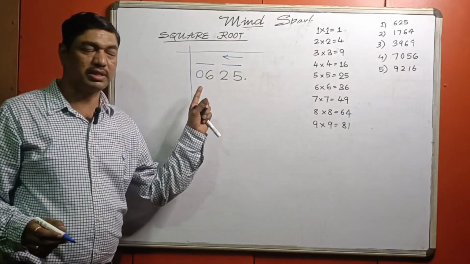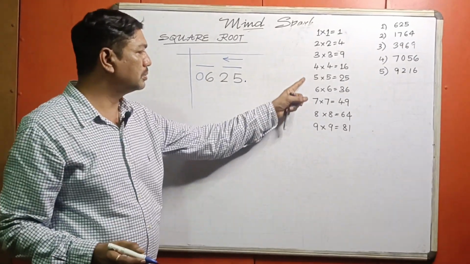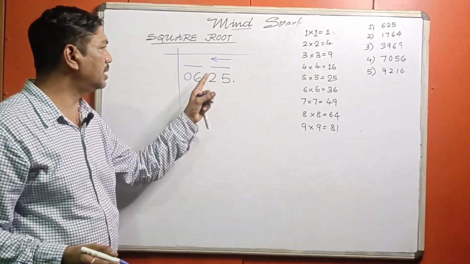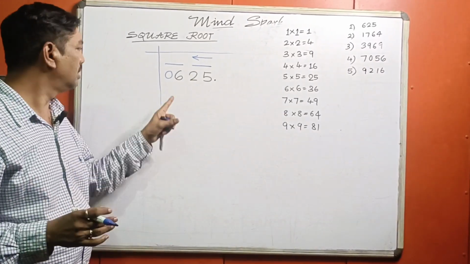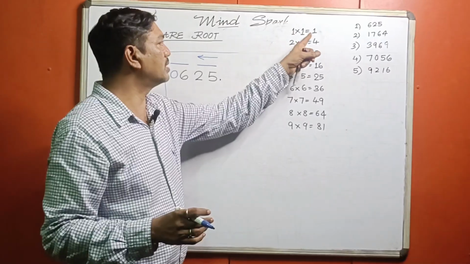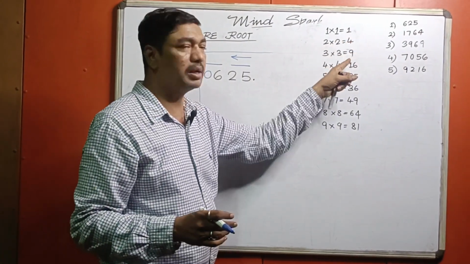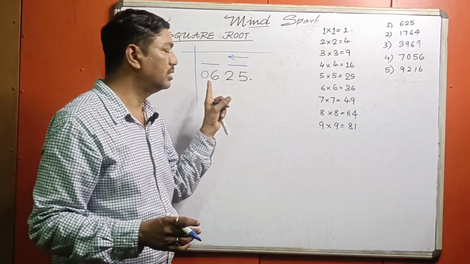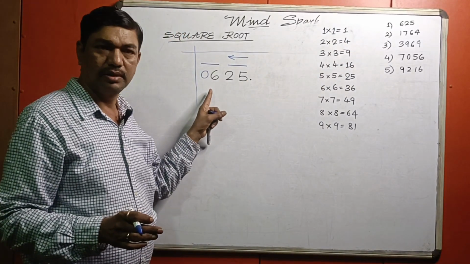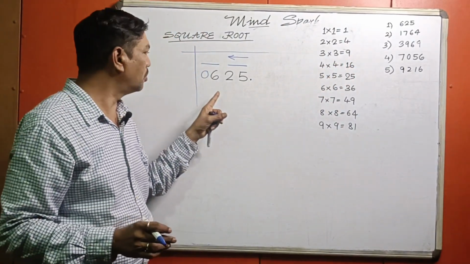Now look at the first digit. Which number will be suitable for it? It should be equal to or less than 6. You can see 1 one is 1, 2 twos are 4, 3 threes are 9. Out of these, 4 is the correct one, because 1 is much less than 6, and 9 is more than 6.